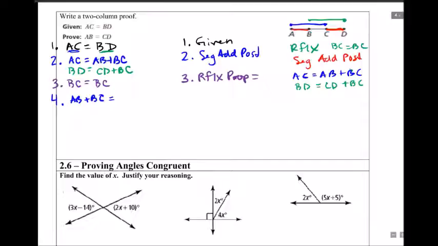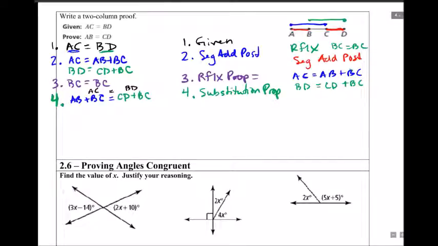Well, what can I put in for BD? CD plus BC. And step 4, let's make step 4 green. Step 4 is just substitution. Right? Because I have my given, and then I said AC is these two pieces added together, so I can just substitute it in there. I am just substituting in for AC equals BD from my given.